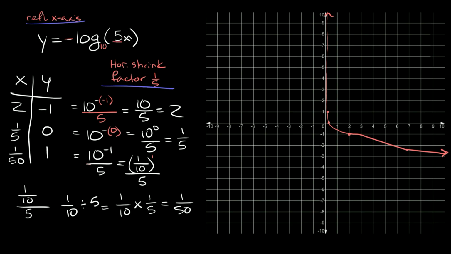We didn't shift it left or right. So that means our asymptote is always going to be right here on the y-axis, at x is equal to 0. Then if we talk about the domain and range, the domain is going to be our x values, from 0 to infinity. And the range is going to be all real numbers, or from -infinity to +infinity.